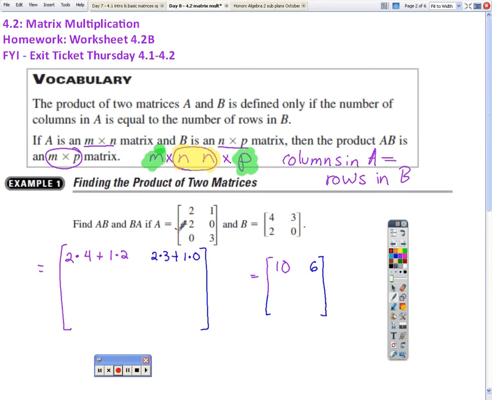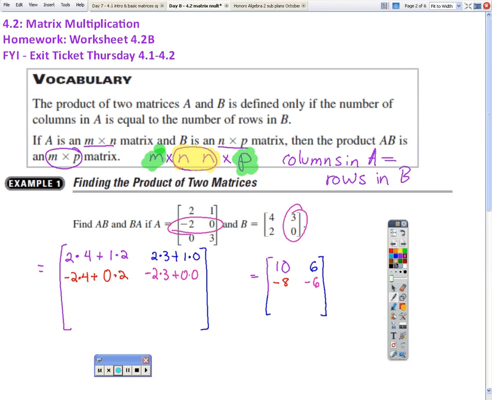I'm going to take the second row and the first column, and I'm going to do -2 times 4 plus 0 times 2, and that's going to give me -8. Now I'm going to do the second row and the second column, and put that in the second row and the second column of my answer. So -2 times 3 plus 0 times 0 is going to give us -6.